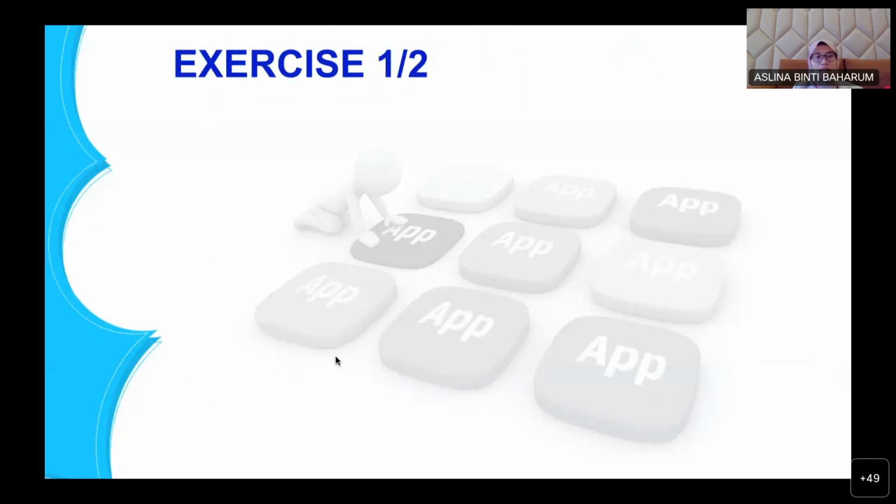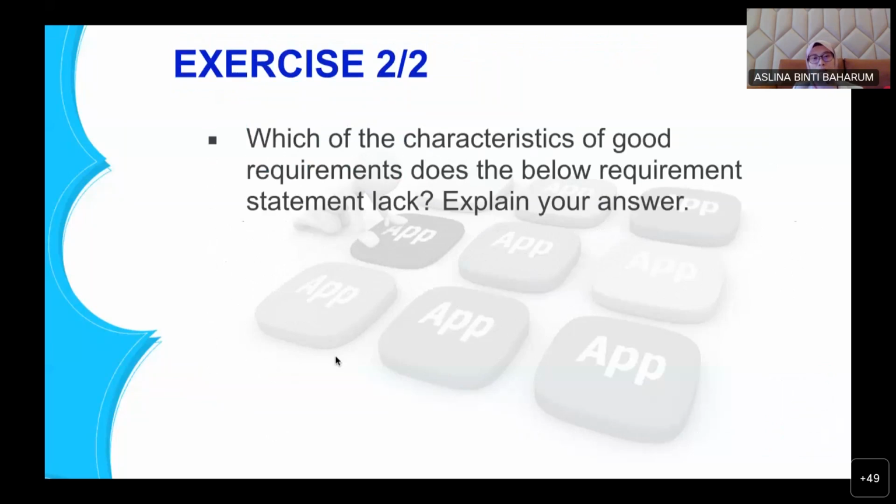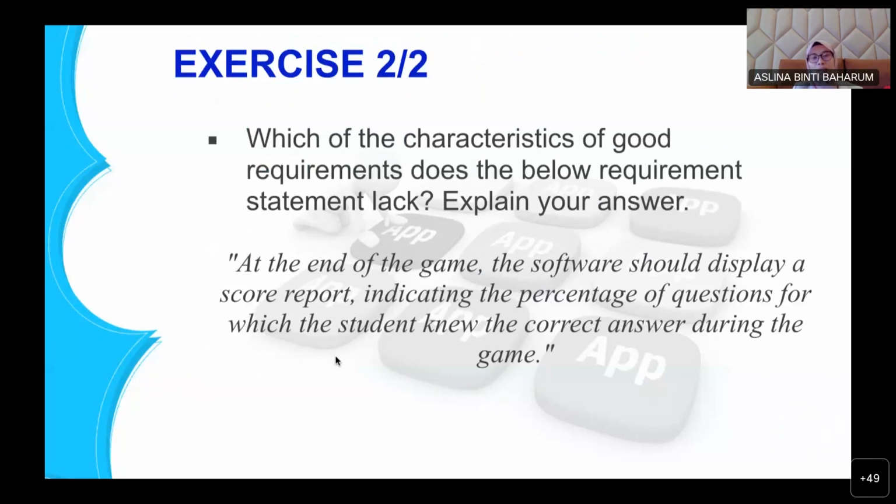The statement mentions indicating the percentage of questions, so not in detail. How much percentage? Is it the correct percentage? Is it the wrong percentage? That's why I think the clarity, the conciseness of the statement, is not so clear.